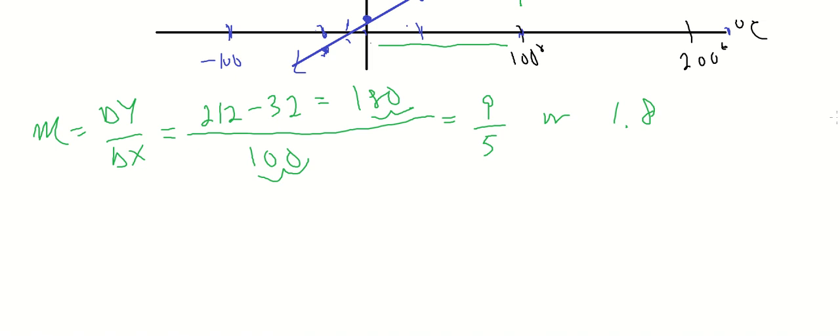Now we got our formula here. Let's label the Y. The Y is the Fahrenheit scale. So F, Fahrenheit, is equal to mx, where 9/5 is the slope, x is Celsius, and the y-intercept is 32.